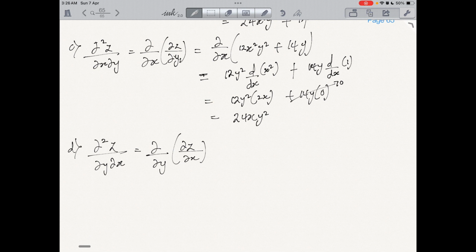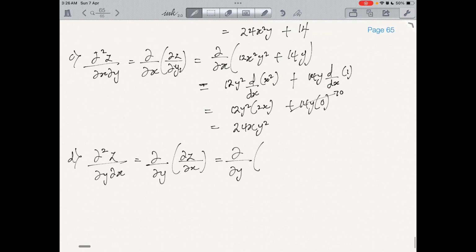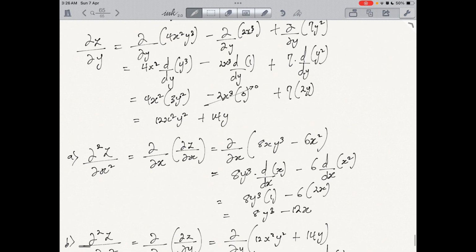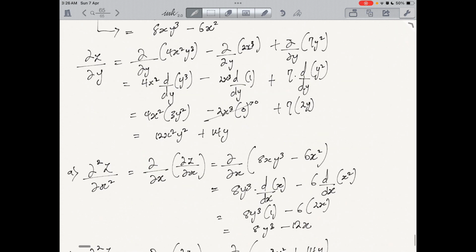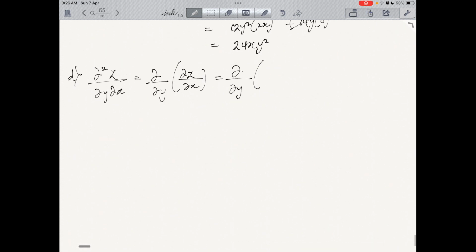Now, after this is done, we take our d/dy and our ∂z/∂x as evaluated, which is 8xy cubed minus 6x squared.